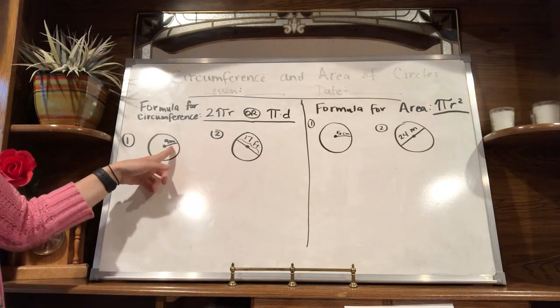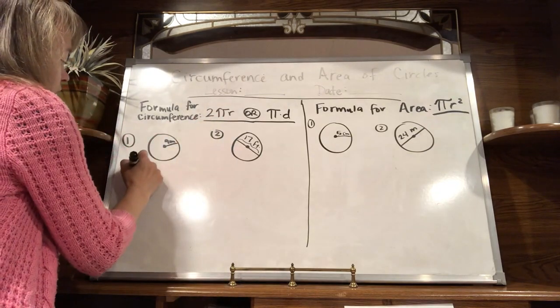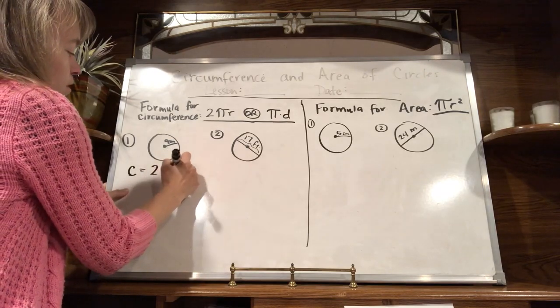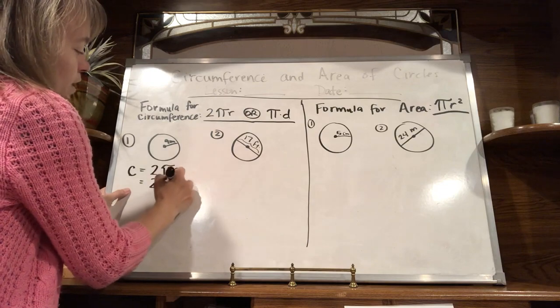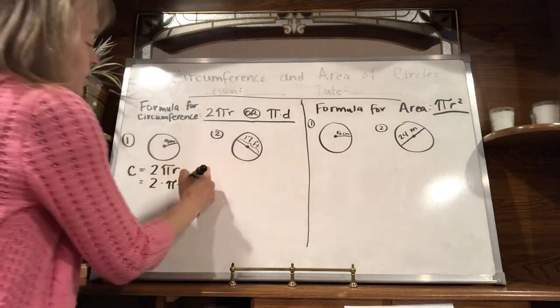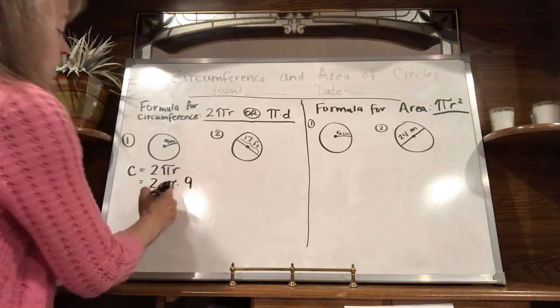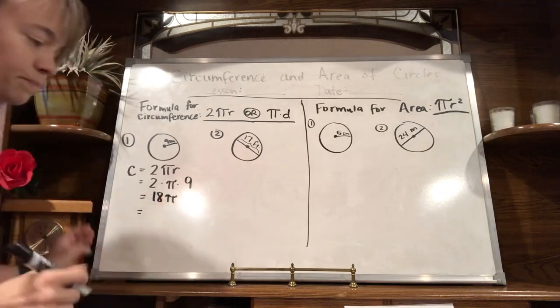So our first circle on the left side here for circumference is 9 meters. From the center out is the radius, so we're going to use the one that has the radius. I'm going to do C for circumference equals 2 pi r. I always start with the formula. So 2 times pi times r, which is 9. I'm going to use my commutative property here and make this 18 pi to make it a little easier to put into the calculator.